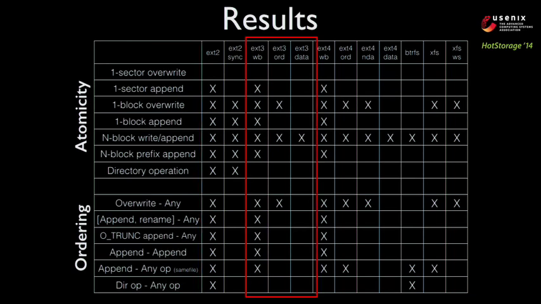Here's ext3. You can see a range of different behaviors from write back, which is kind of the least sensible ext3 mode, but a fast mode because it doesn't try to order data blocks with respect to their inodes and when they're written to disk. Ordered mode is a bit more sensible. And then data journaling mode, really we could only find one case, and it's not a surprising case, where it does not obey any of the atomicity or ordering properties we tested here.